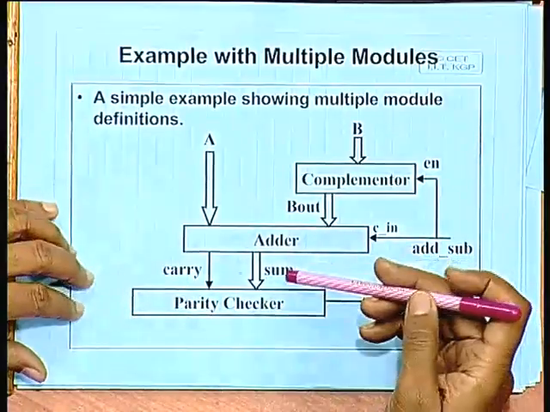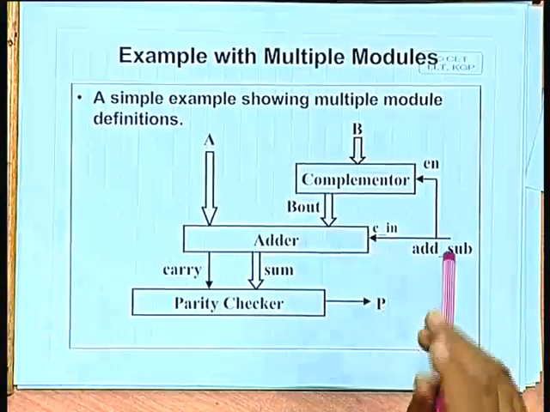A natural way of designing will be to break it up into smaller submodules, design the submodules individually and then combine them. I will try to illustrate with a simple example how this is done. Now, this is a hypothetical example, which I have taken for the sake of illustration.